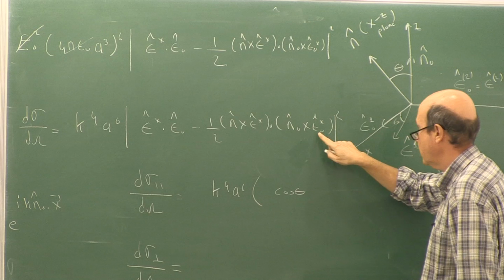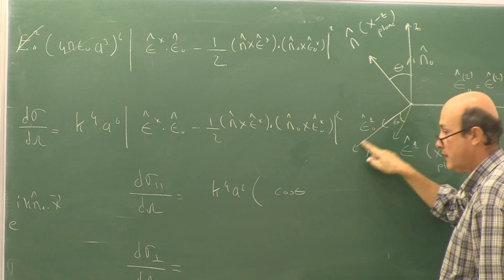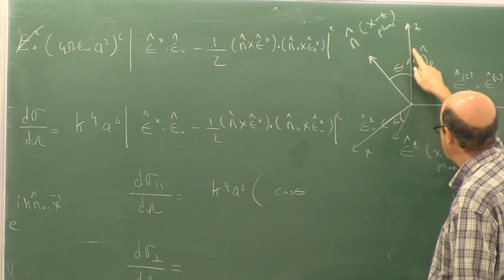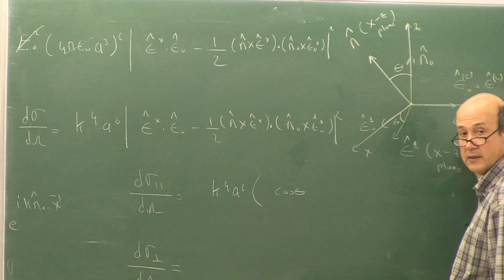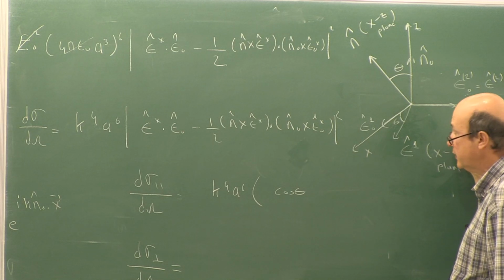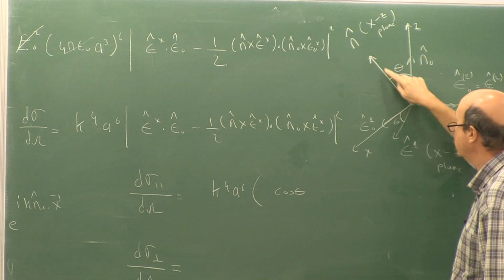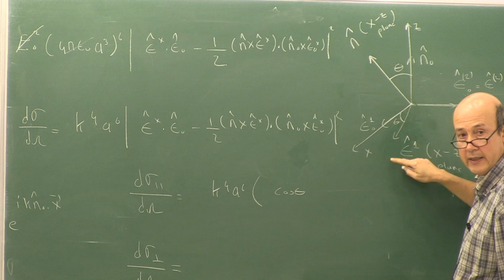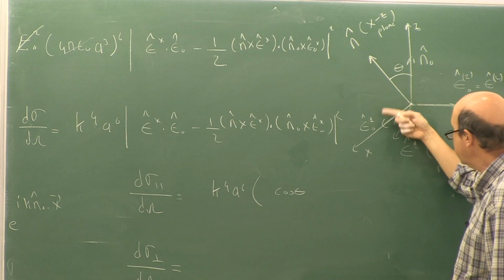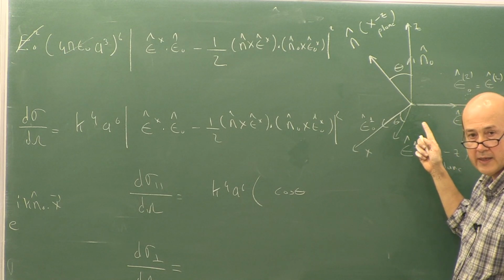How about this term? What is n0 cross epsilon 0? Epsilon 0 is along x-axis, n0 along z-axis, n0 cross epsilon 0 along y-axis. That is before the scattering. After the scattering, what is this? N on the xz plane, and epsilon 1 is again on the xz plane. If you take the cross product, again that will be along y-axis.